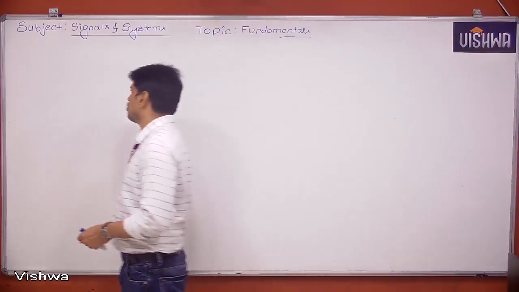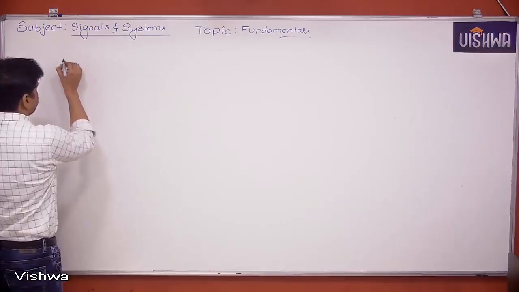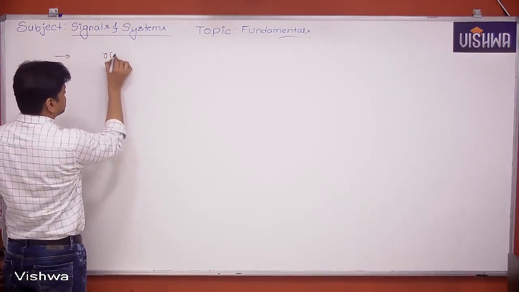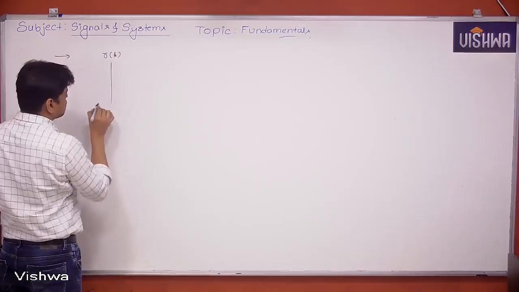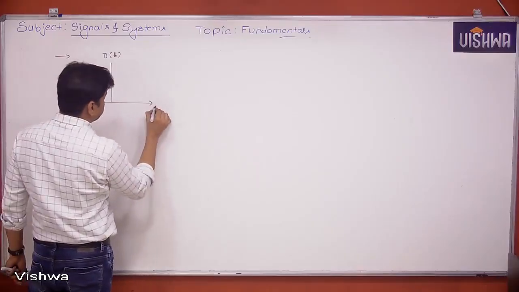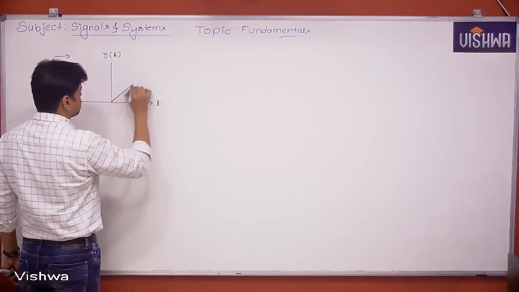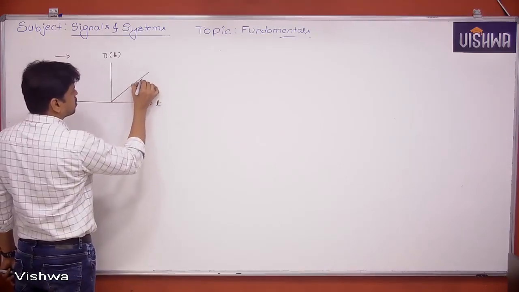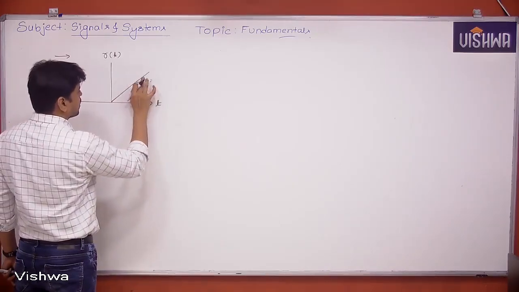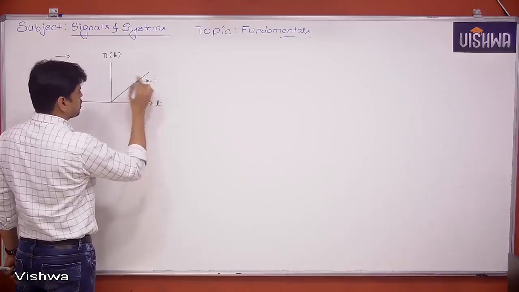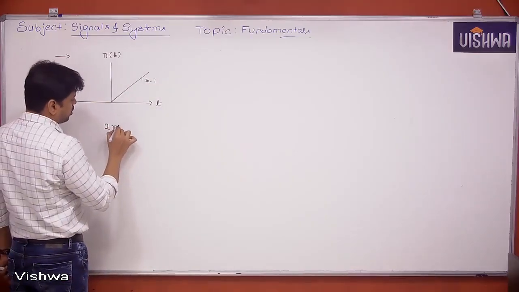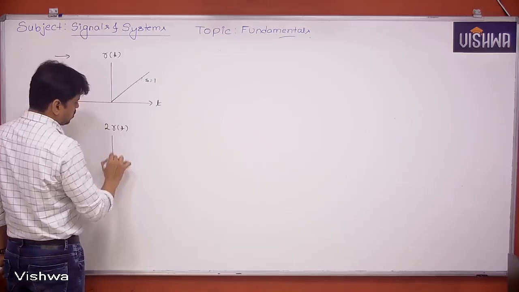So let's see. If I say simply r of t, how we can draw this? This is what the r of t function, where the slope of this line is given by 1. If I write 2r of t, how we can draw this?